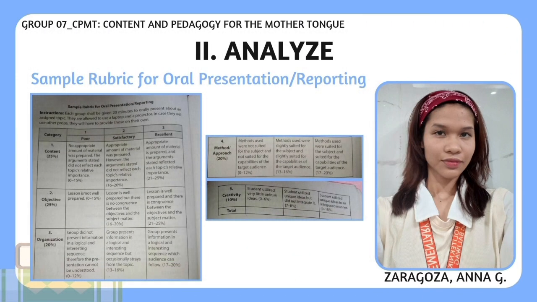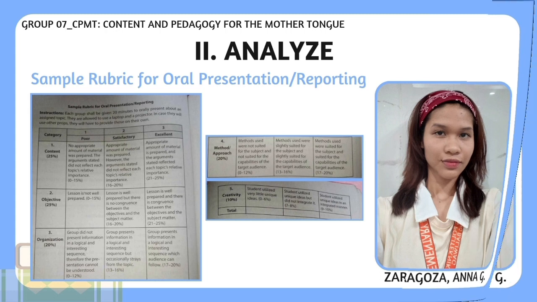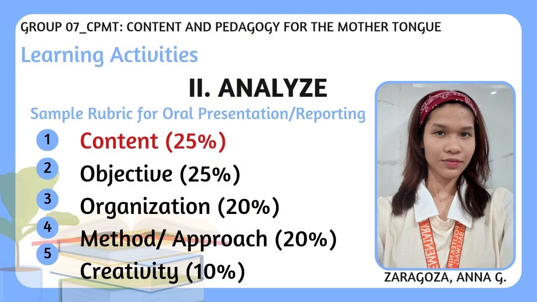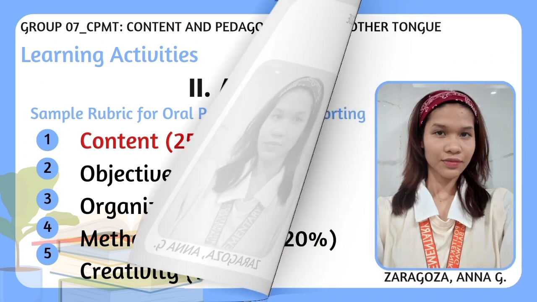In this sample rubric, each part represents a different aspect of the assessment. First is the content, which contains 25%. It refers to the substance or the information presented in the project. It could include the accuracy, the depth, and the relevance of the content to the topic.